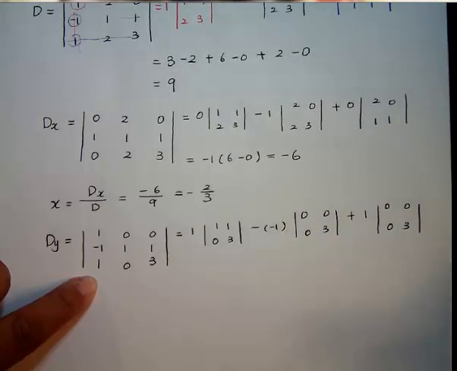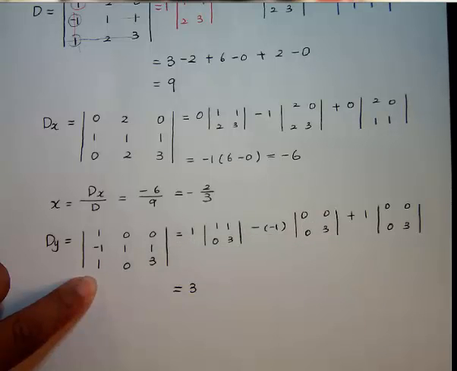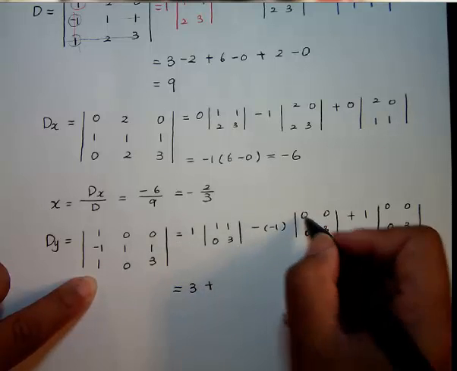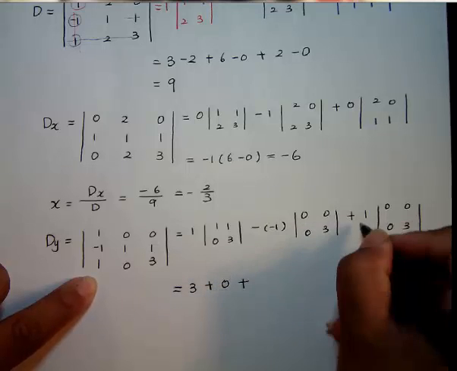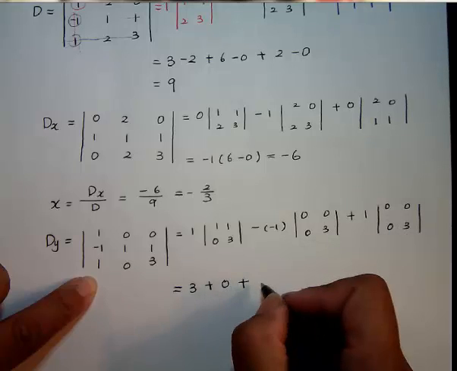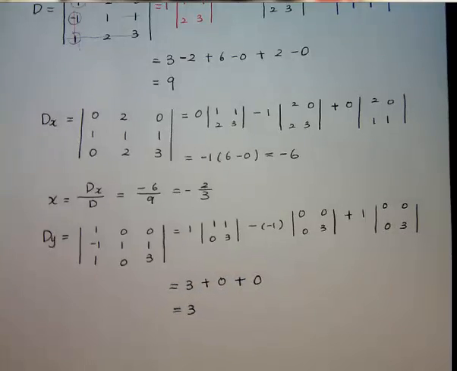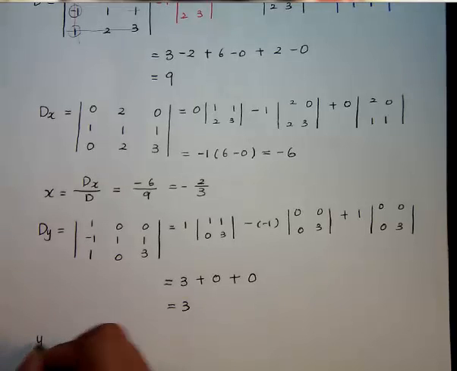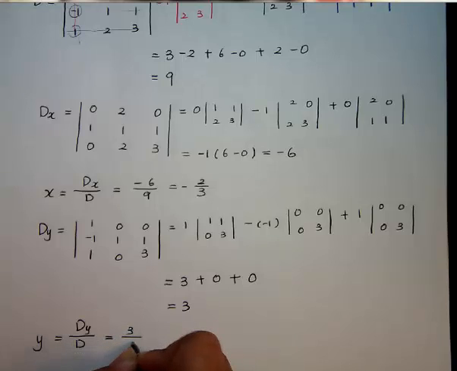To simplify, that is 3 minus 0, so it's 3, plus 0, minus 0 is 0, so dy equals 3. Then y will be dy over d, which is 3 over 9, 1/3.